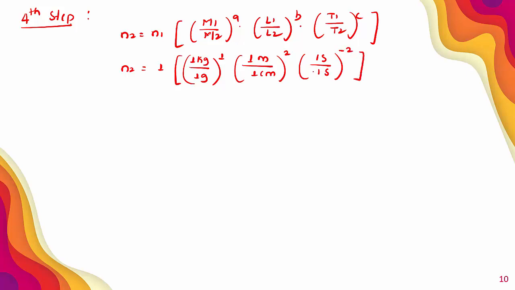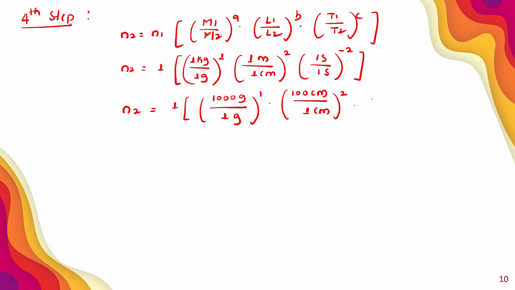Now we substitute all the values. It can be written as N2 equal to 1 into, in brackets, 1 kg equal to 1000 gram divided by 1 gram, raised to 1, into 1 meter equal to 100 centimeter divided by 1 centimeter, raised to 2, into 1 second divided by 1 second, which means we get 1 raised to minus 2.